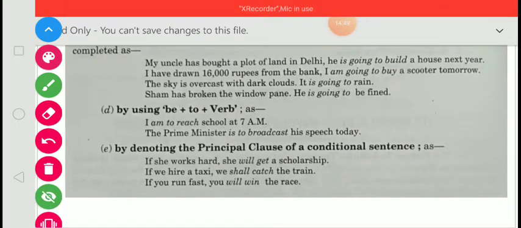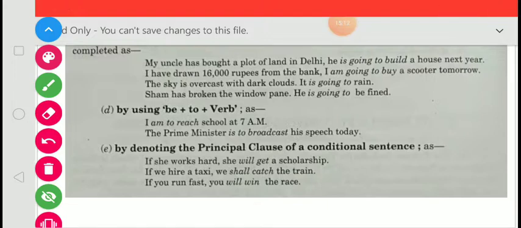By using be plus to plus verb, future tense can also be expressed. Be means is, are, am, was, were.